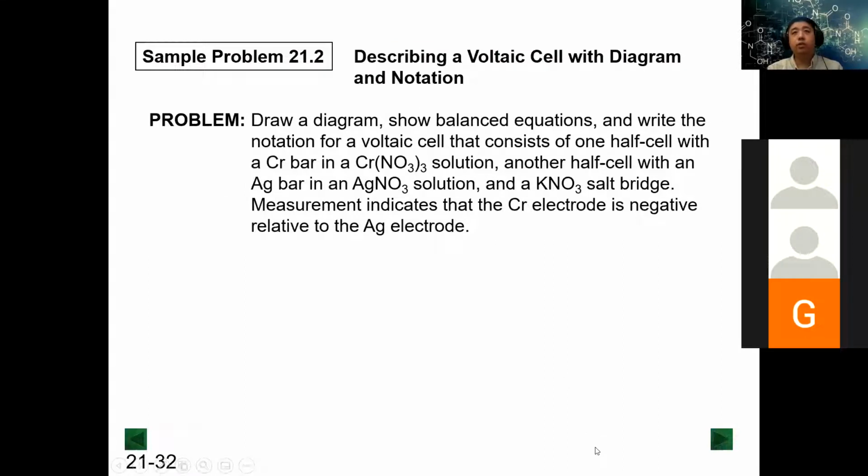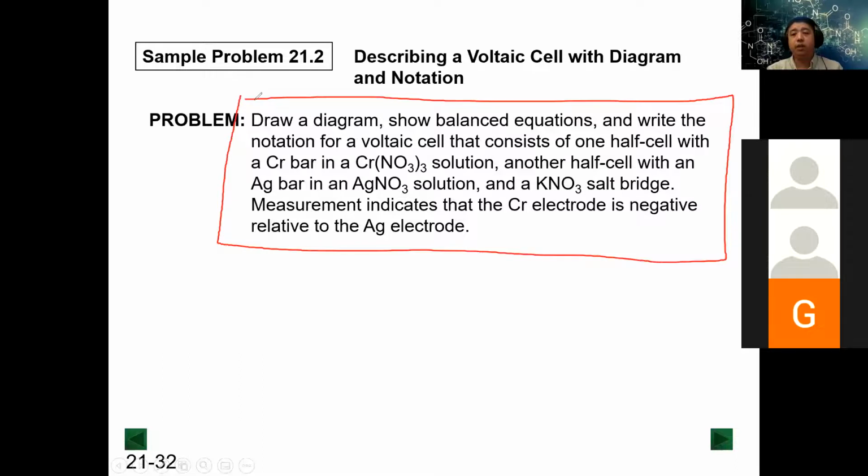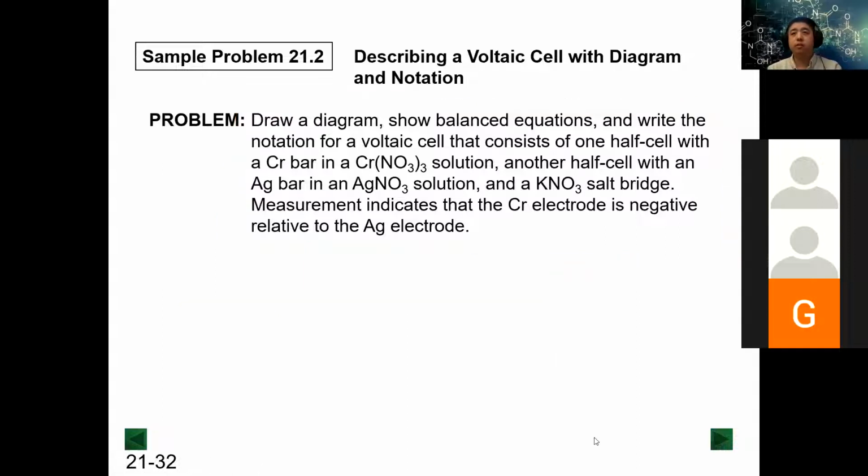Okay, so what I want you to do is, using the information that you see here, give me the full balanced equation. Give me a drawing and give me a line notation of this electrochemical cell based on the information that you see here. I'll give you a little bit of time to work on that, and then we will go over it.